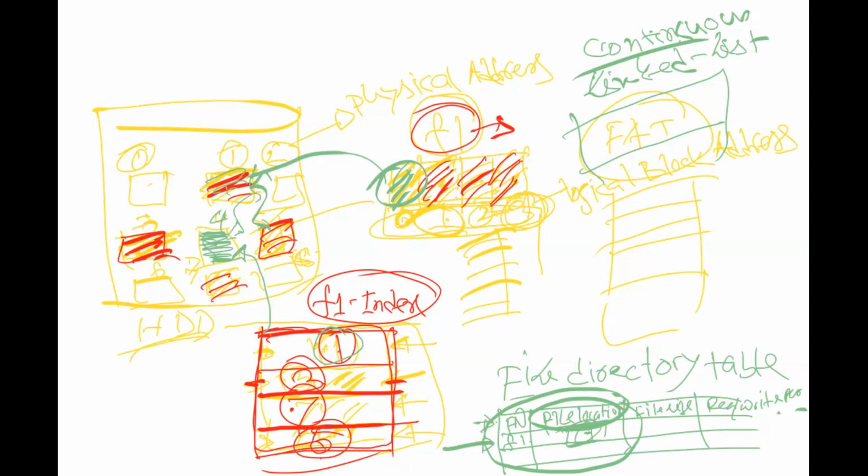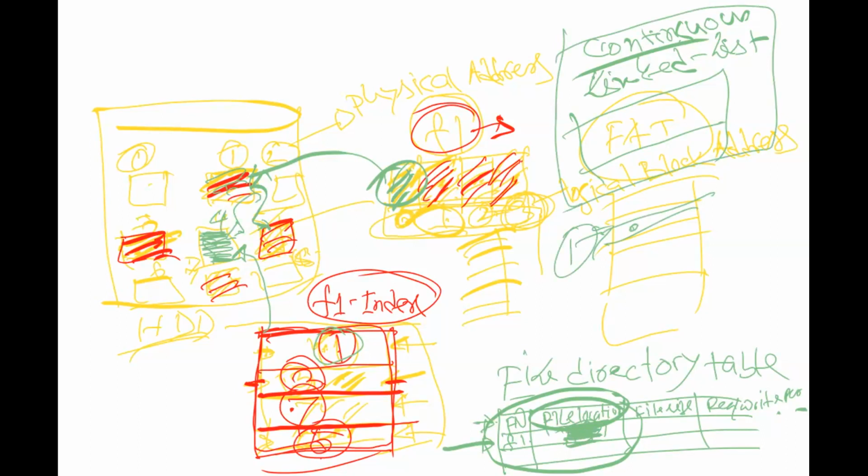In the FAT method, the zero block is loaded at 1, and from entry 1 of the FAT table you get the next entry. So in these methods, the file location in the file directory table contains the zero block location of the file.